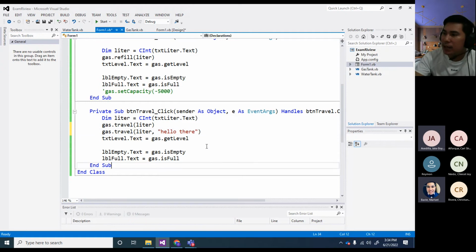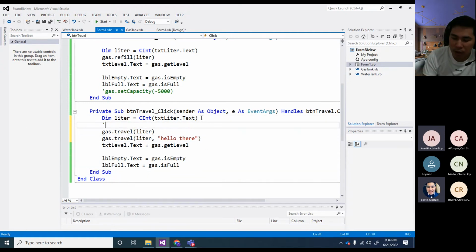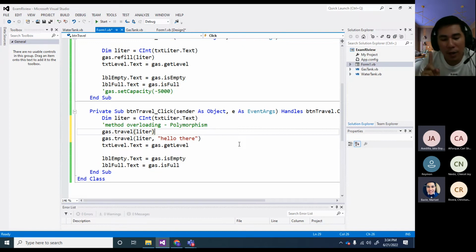So this is what we call method overloading. This means polymorphic method, or polymorphism. So that's it: encapsulation, inheritance, and polymorphism.